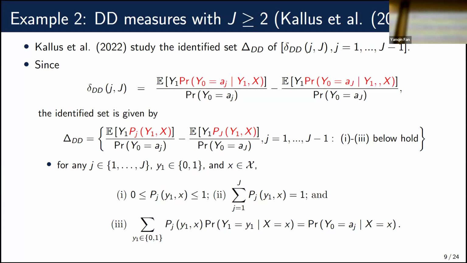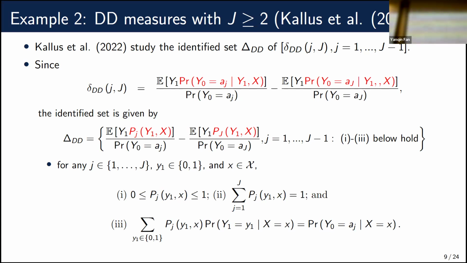Then by the definition of the identified set, you let this term be anything that is consistent with what you observe, and that's an identified set. That's exactly what Kallus et al. wrote for the general case J.